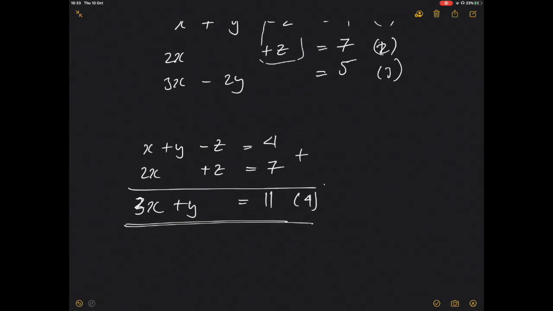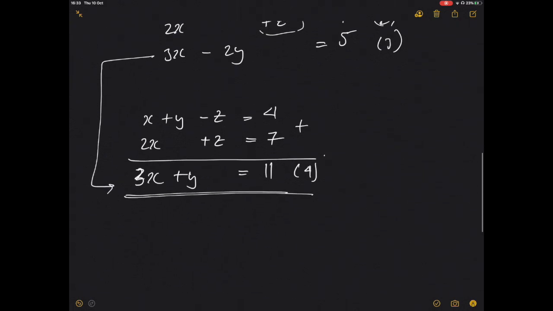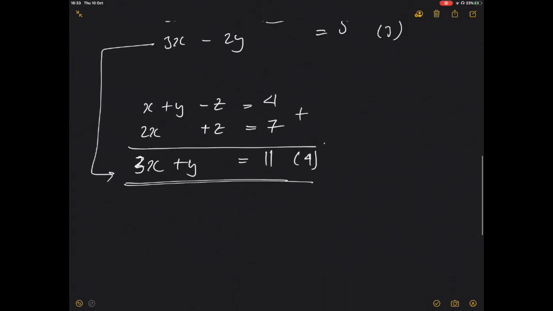Now we have this, we can perhaps sub this into a different equation. Say we look now at equation 3. We have 3x plus y equals 11 from equation 4, and in equation 3, we have 3x minus 2y equals 5.